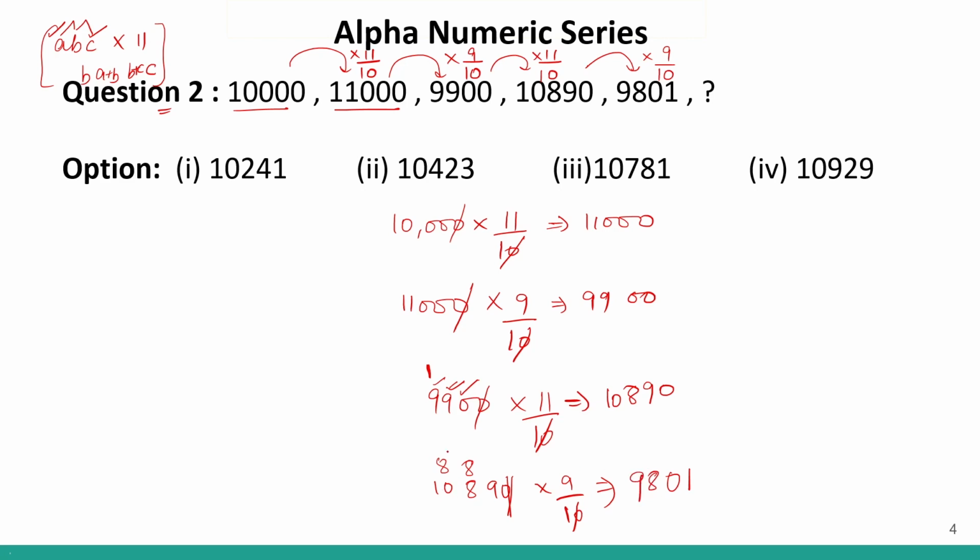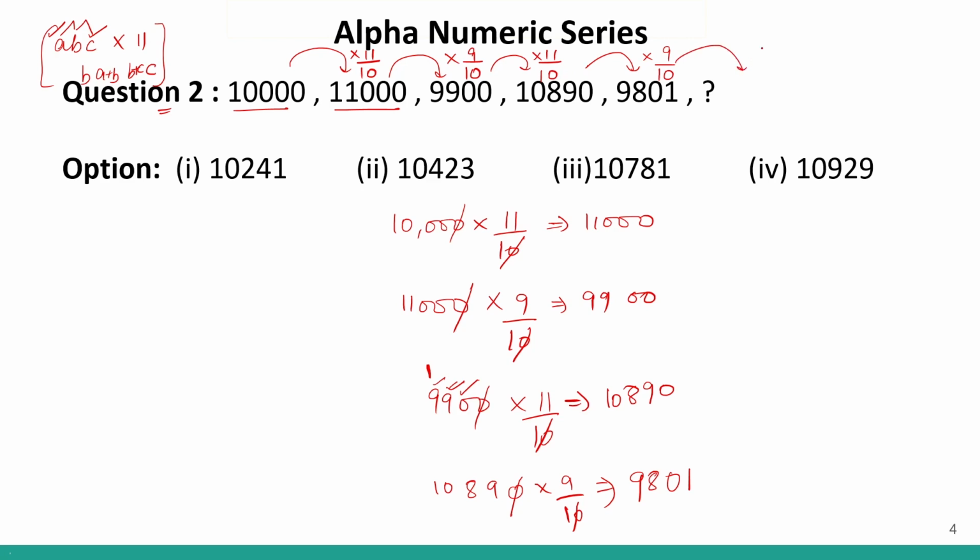So I will get 9801. If I multiply 9 into 1089, I will get 9801. So now I can see a pattern of into 11 by 10, into 9 by 10, into 11 by 10, and into 9 by 10.